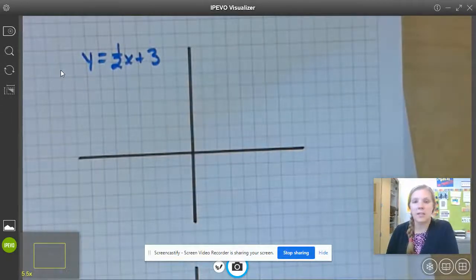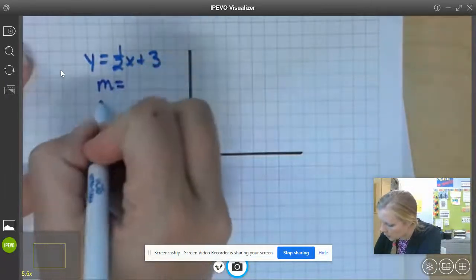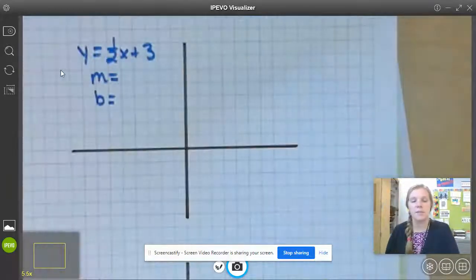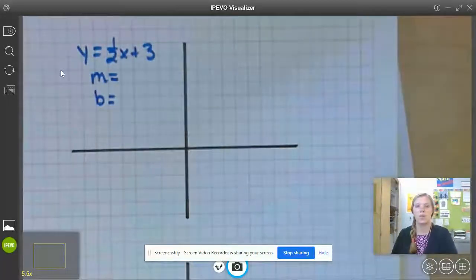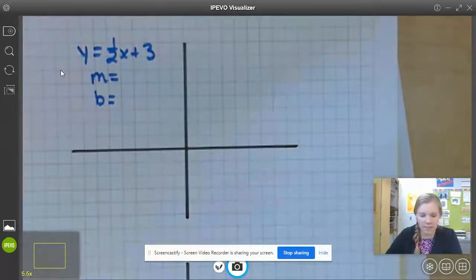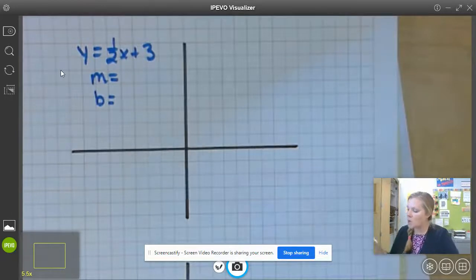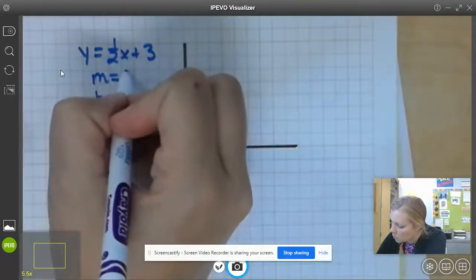When I graph a line in slope-intercept form, I always start by writing down what is the slope and what is the y-intercept. I write down the given information from the equation. It just helps me organize my thoughts and I can stay focused when working. So looking at this equation, the slope is 1/2.